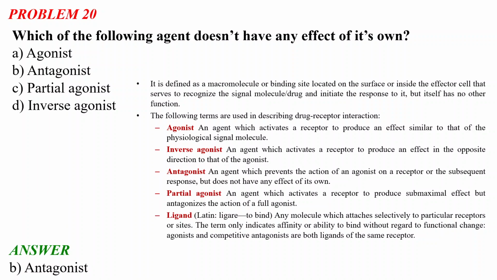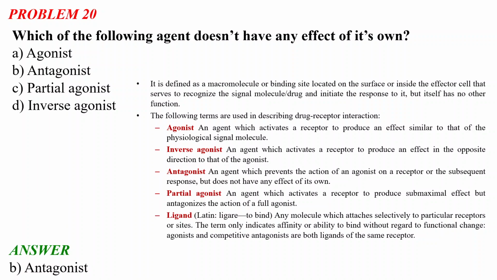So, the antagonist is an agent which prevents the action of the agonist on the receptor or the subsequent response, but does not have any effects of its own. Just remember the meaning of everything: an agonist activates the receptor to produce a similar physiological signal.